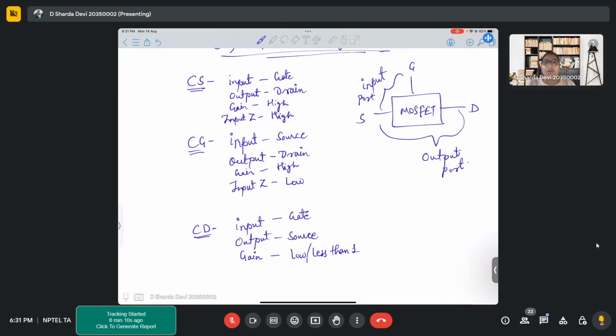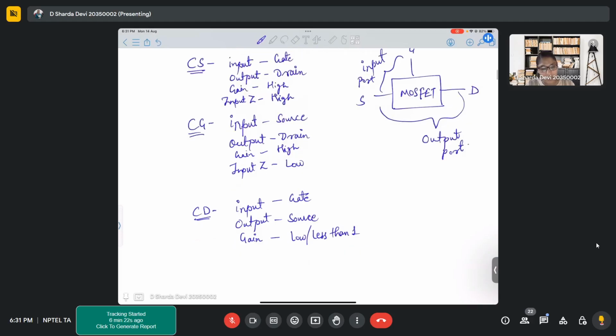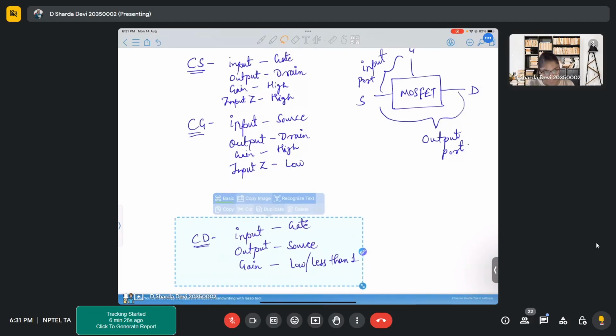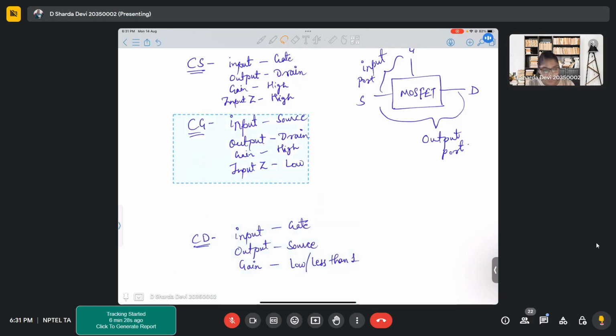Now what about if it is a current amplifier then? If I say that for a voltage amplifier, my input impedance should be very high, so if it is a current amplifier, what should be the characteristics of my input impedance? Low. Yes, low.